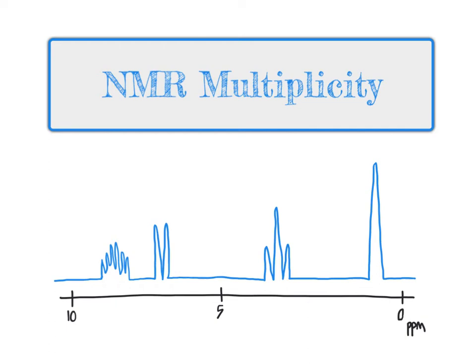In the last couple of videos, we looked at some features of NMR spectra, specifically the chemical shift, the location along the x-axis where we see a particular signal for a proton or a carbon atom in an NMR spectrum.